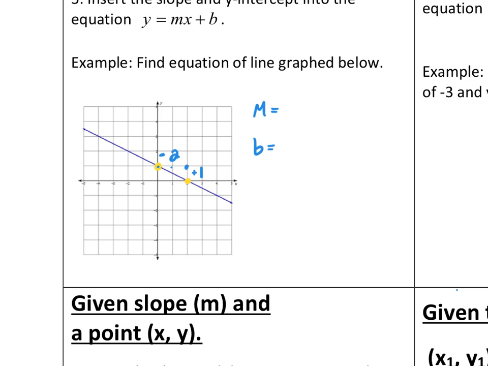Remember, your slope is rise over run, so it would be positive 1 over negative 2. So that is your slope. Your b value is your y-intercept, which is at positive 1. So to get your final answer, you just take those and plug them in. Y equals negative 1/2 x plus 1.